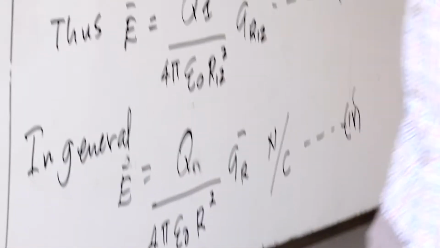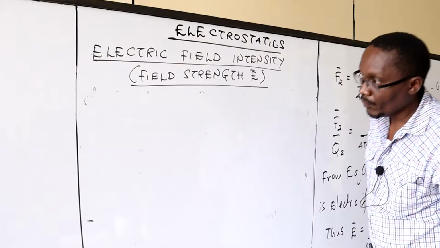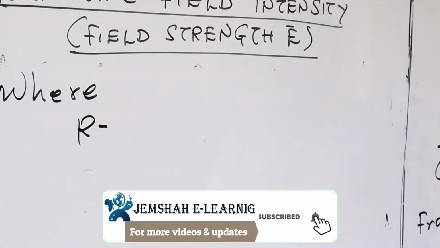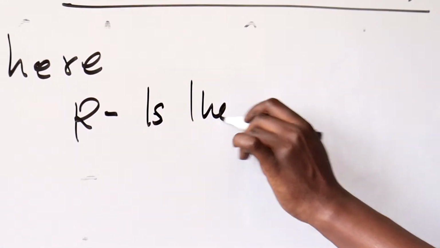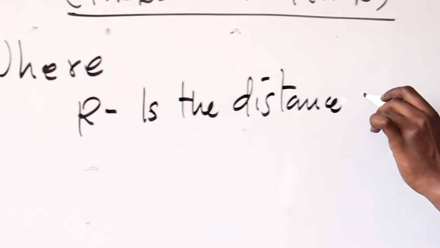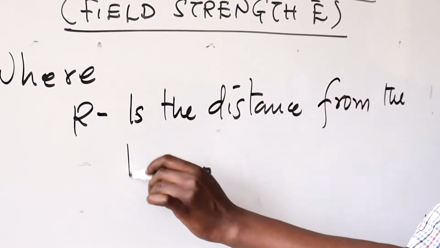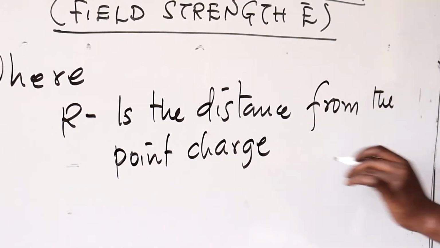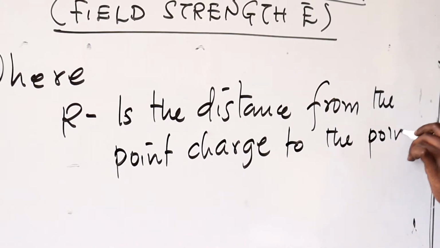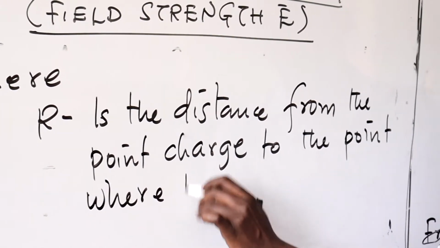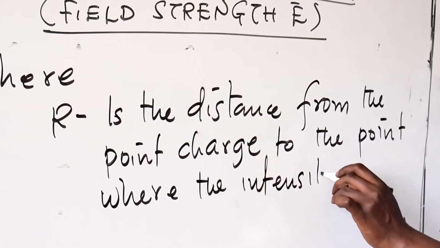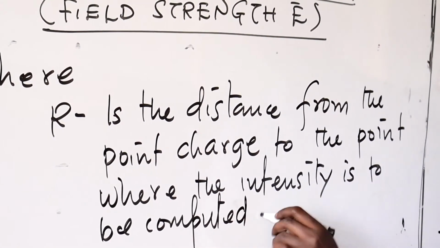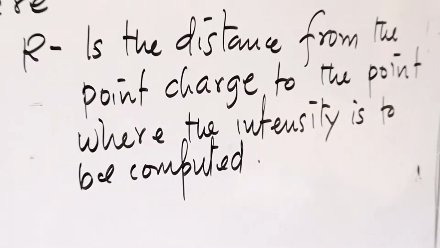So maybe we can say where R is the distance from the point charge to the point where the intensity is to be computed.